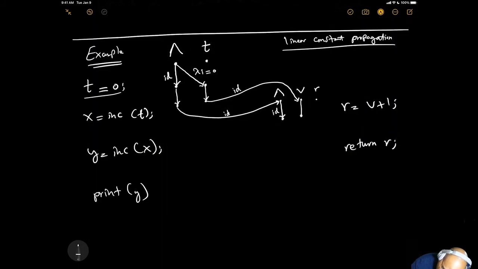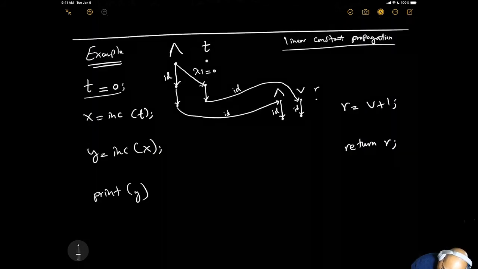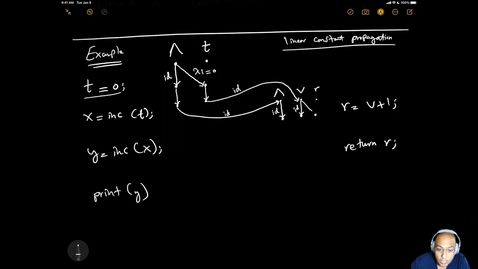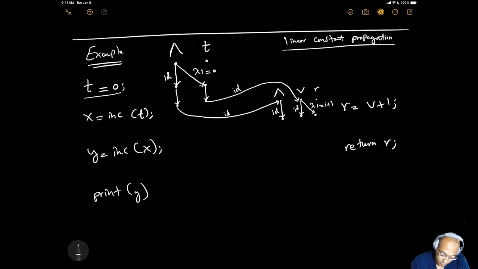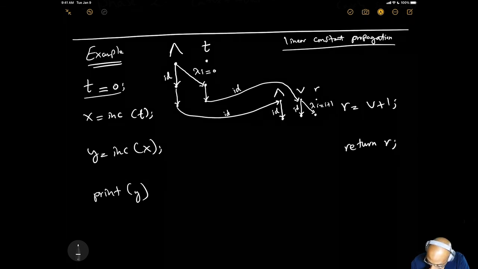Then r here is going to be reachable from v using the function I equals I plus 1. So this is the application of the method summary from before to that method here. To that example here.